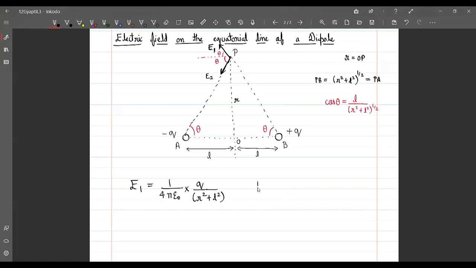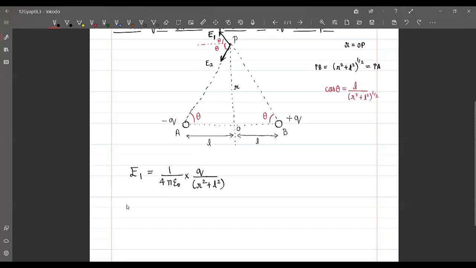If I want to write E2, the value of E2 will be, just talking about the magnitude because I have already shown the direction, 1 by 4 pi epsilon naught, same value, Q by R square plus L square to the power half, squared, that will be the same thing as R square plus L square.